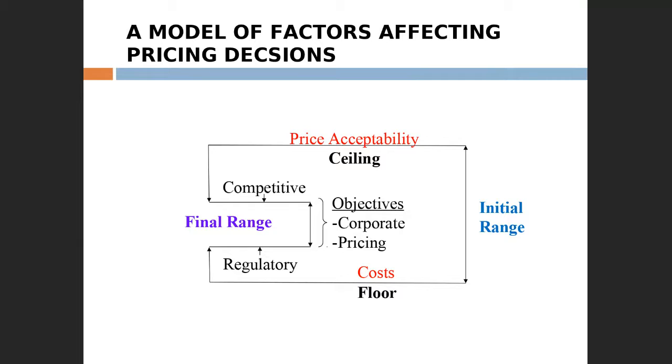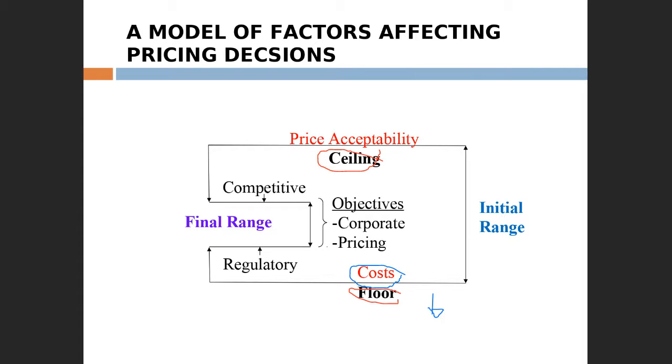The slide you have probably doesn't have these things. You have this top line, which is the ceiling, as you can see over here. And then you have the bottom line, which is the floor. Amongst those 5 or 6 factors that you have seen a couple of slides ago, your floor is given by the cost. As I said, you should not, under normal circumstances, price your product below your cost.